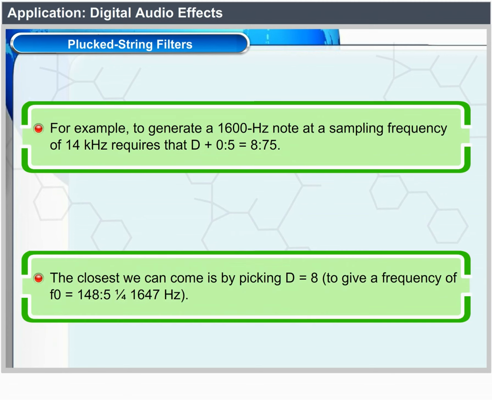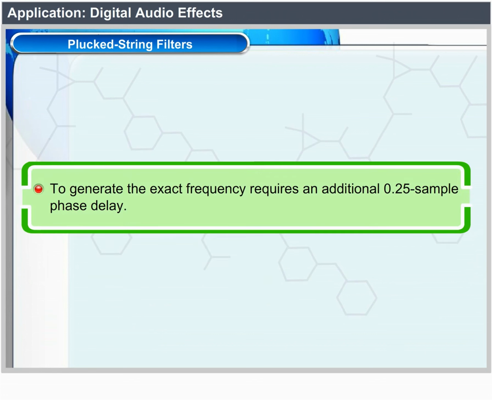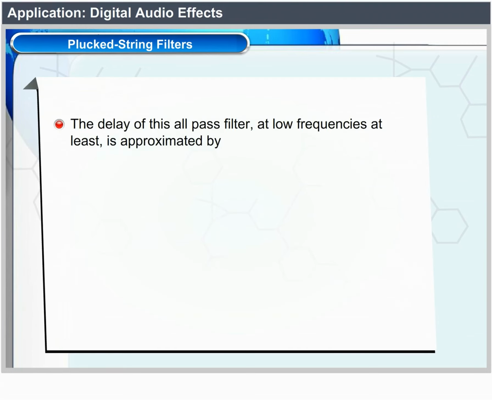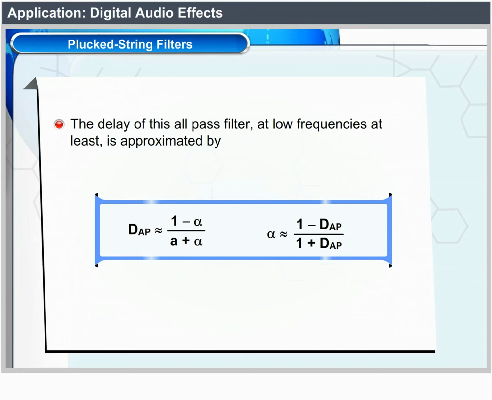The closest we can come is by picking D = 8 to give a frequency F0 = 14000/8.5 = 1647 Hz. To generate the exact frequency requires an additional 0.25 sample phase delay. The delay of this all-pass filter at low frequencies at least is approximated by D_AP ≈ (1 - alpha)/(1 + alpha).